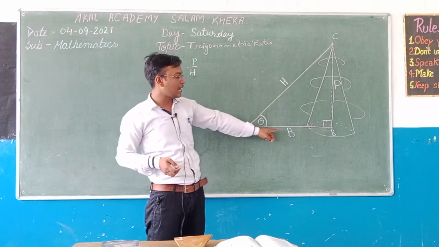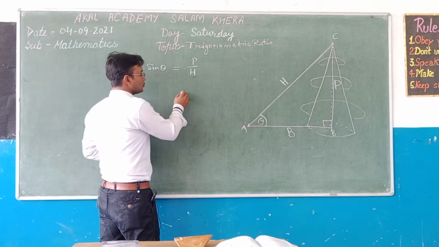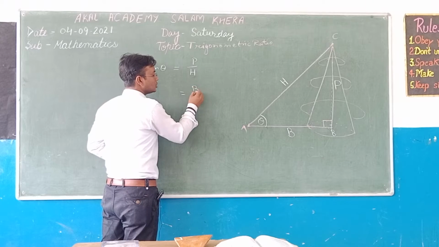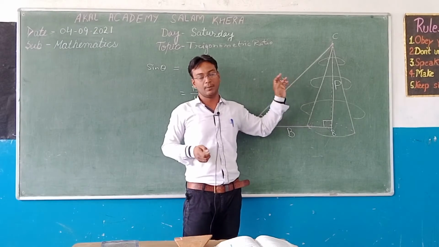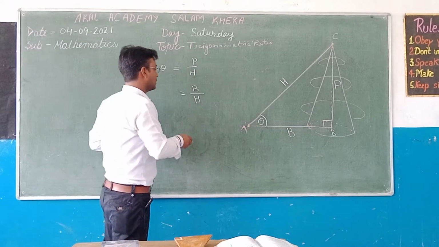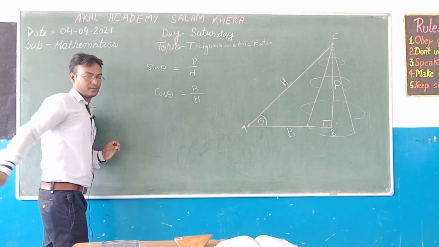Now one more side is left, the base. If you take the ratio B to H, base to hypotenuse, this ratio is known as cos theta.